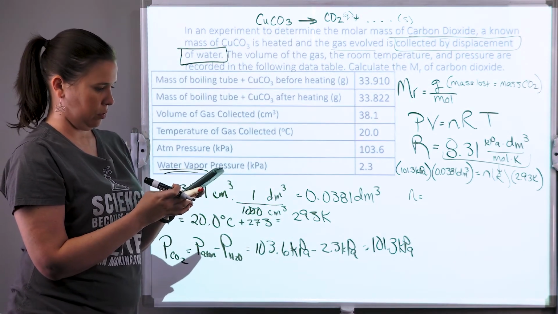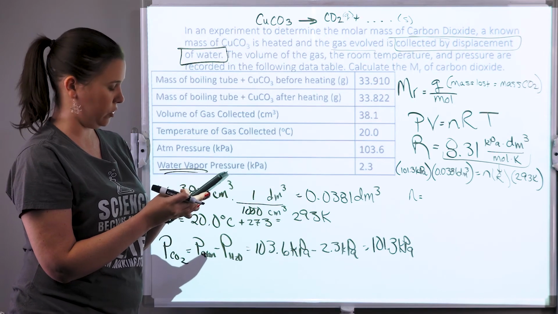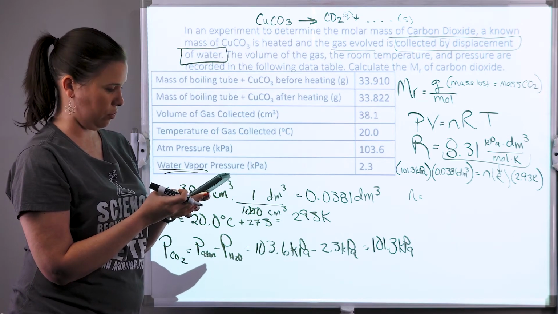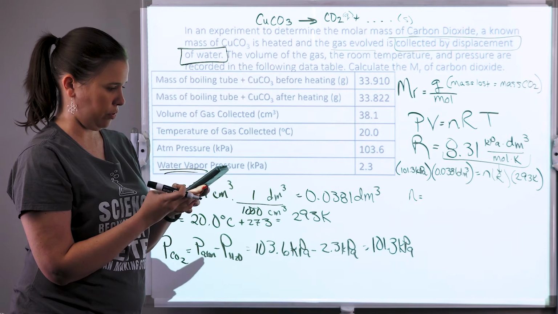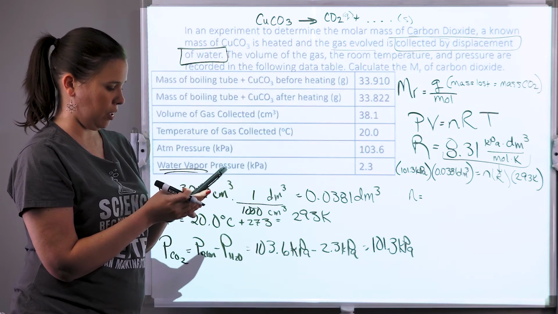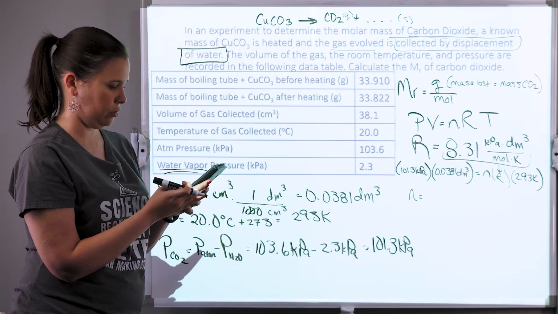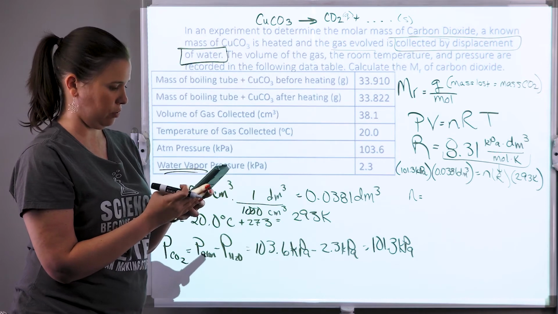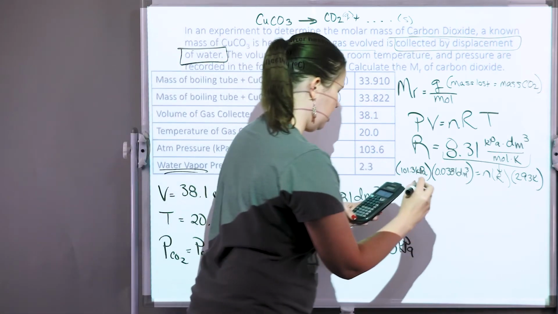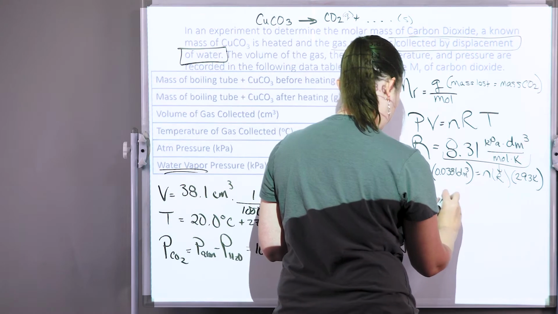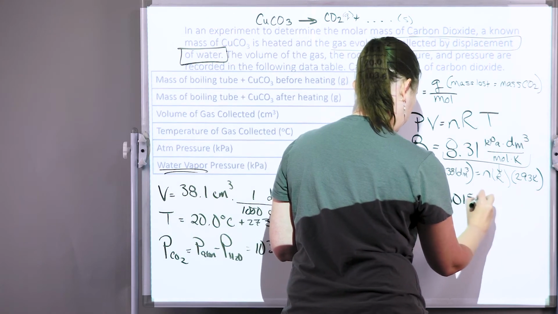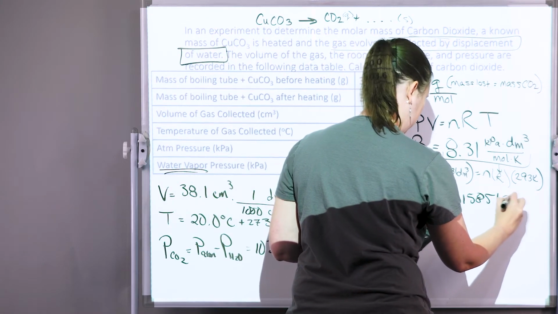So 101.3 times 0.0381 divided by 8.31, enter, divided by 293, enter. And I get 0.001585133.